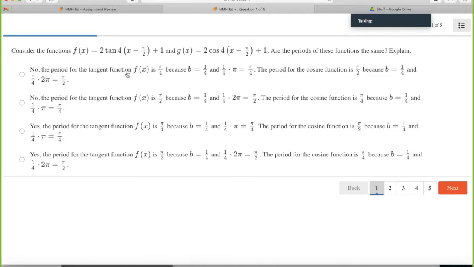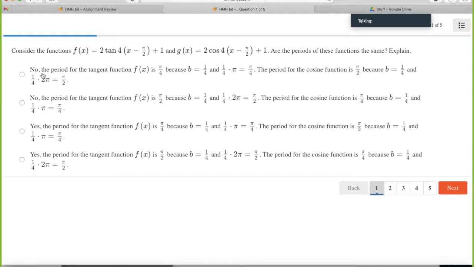Or, I'm sorry, 1 over 4, because remember it's 1 over b. But the period for a sine and cosine function is 2 pi times the absolute value, whereas the period or the asymptotes for a tangent function would be pi over 2 times b. So there's a difference there, right?